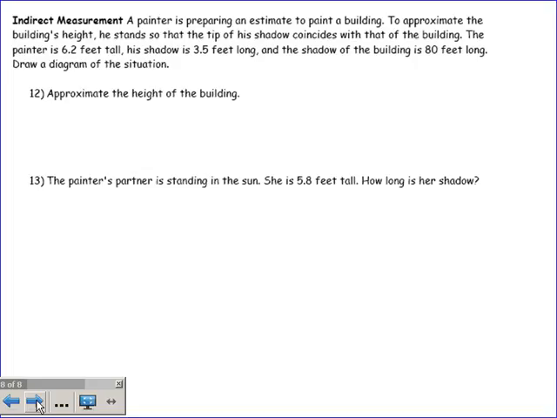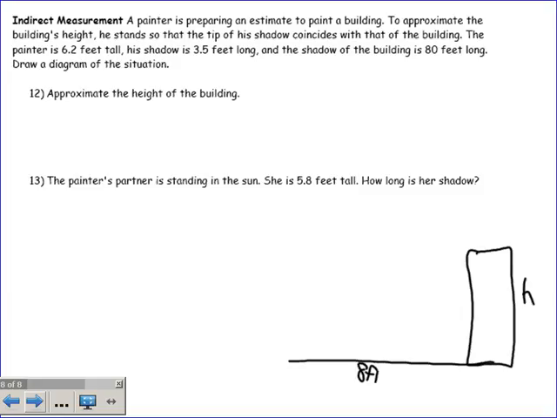So hopefully you've already drawn this building. Oops, 80 feet. Okay, so we're looking at some sort of triangle that looks like this.